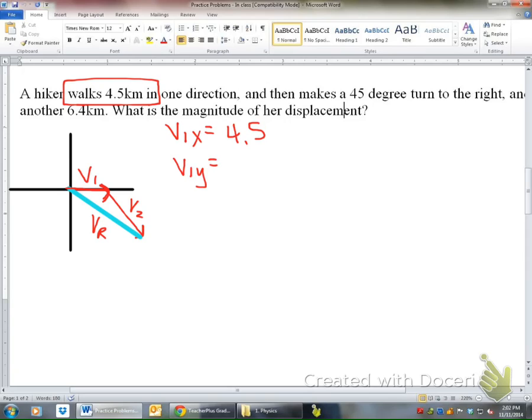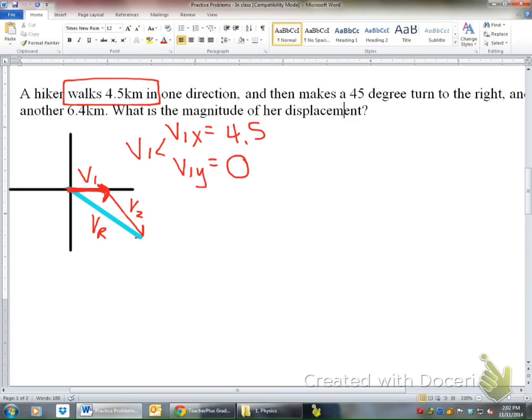What does the v sub 1y then have to be? 0. Exactly, because it has nothing going in the vertical direction. The y means vertical. It has no motion or indication in the vertical direction at all, so that's just 0.